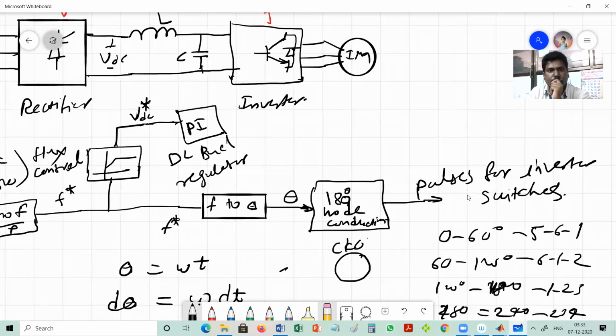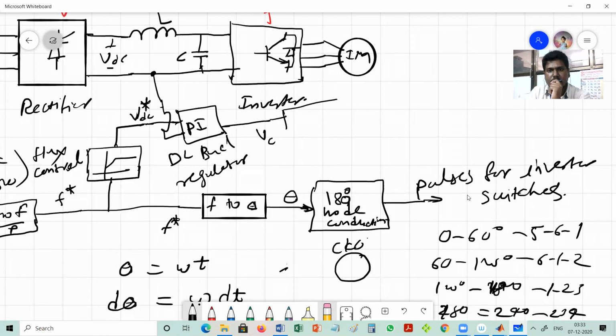The other input to the PI controller is the actual DC link voltage. The error between these two will be given to the PI controller.